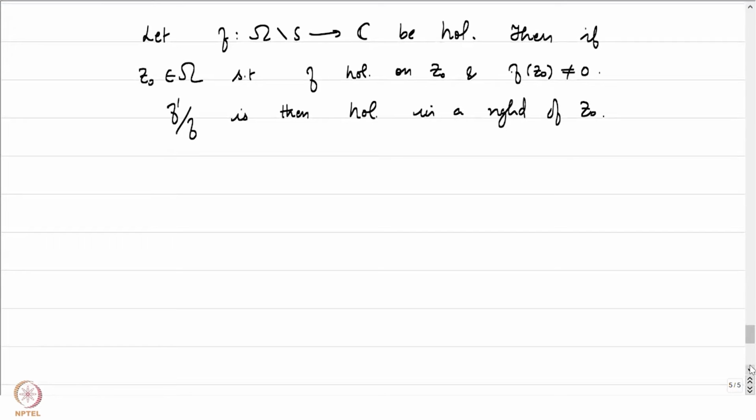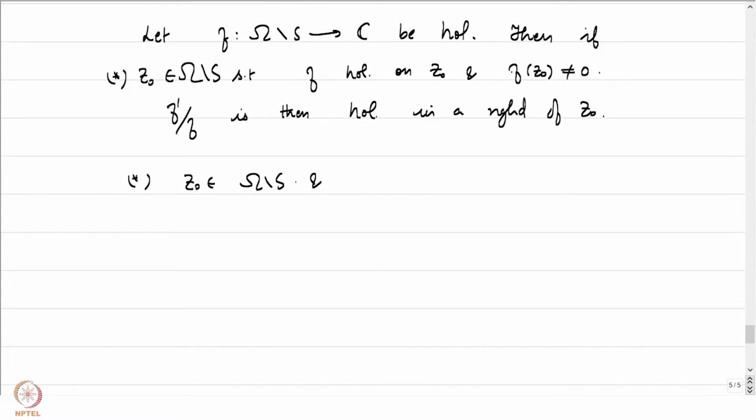Now, let us see what happens when f has a 0 at z0. What happens when z0 is in omega, and z0 is not in S? It is already taken care of here; we know that it is holomorphic, so it was already in omega minus S anyway.